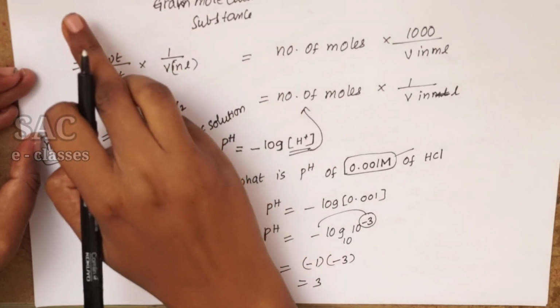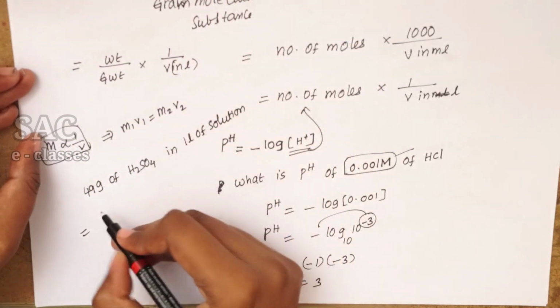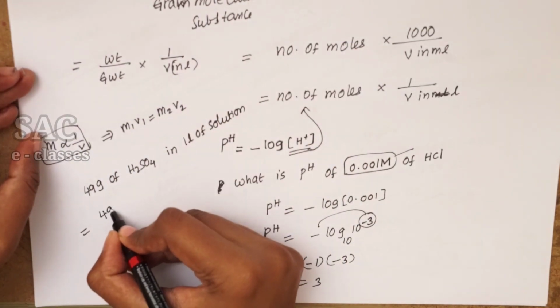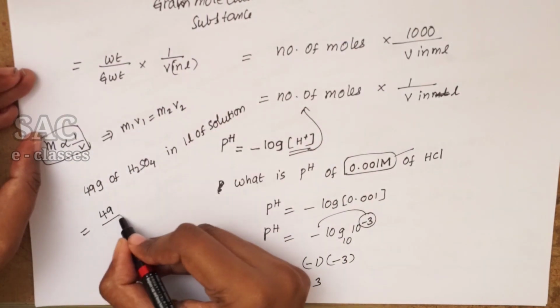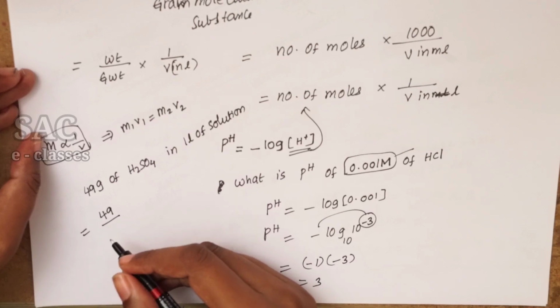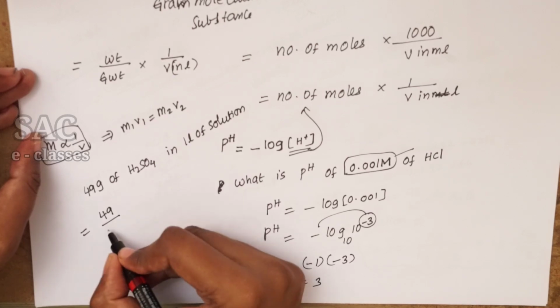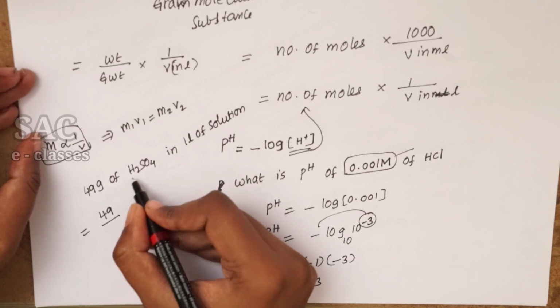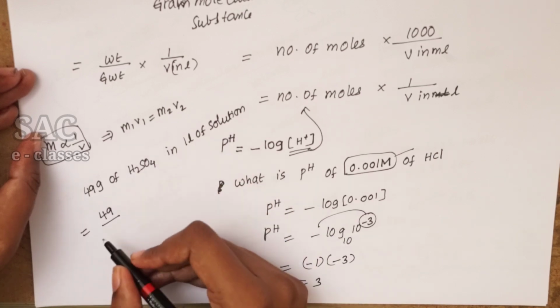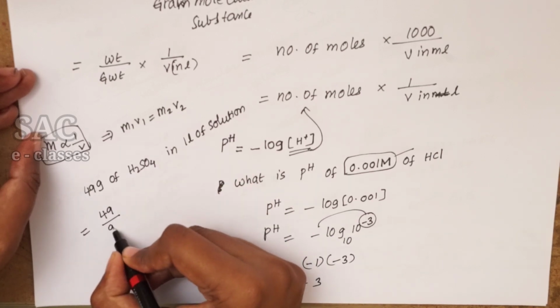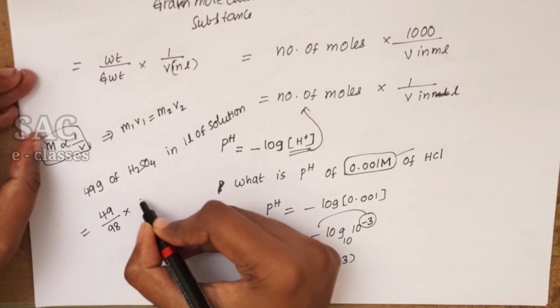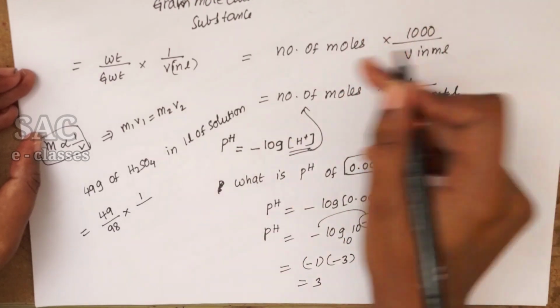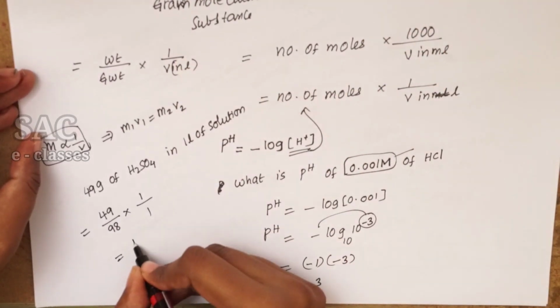What is the weight of the given substance? Sulfuric acid, 49, by the gram molecular weight of the substance. What is the gram molecular weight? It means the molecular weight of H2SO4, which we already calculated, that is 98, into 1 by 1 liter they are saying, that means 1 by 1, which gives 49 by 98, that is 1 by 2.